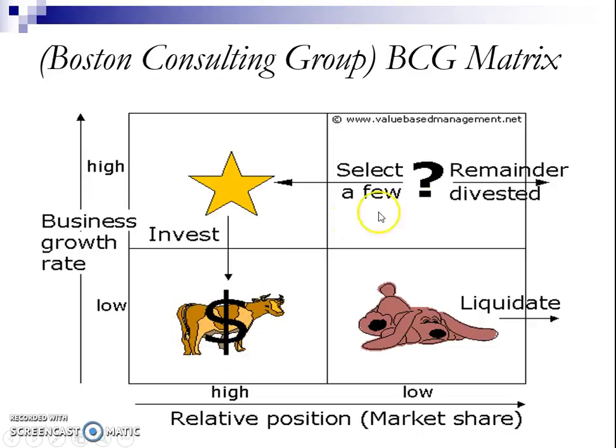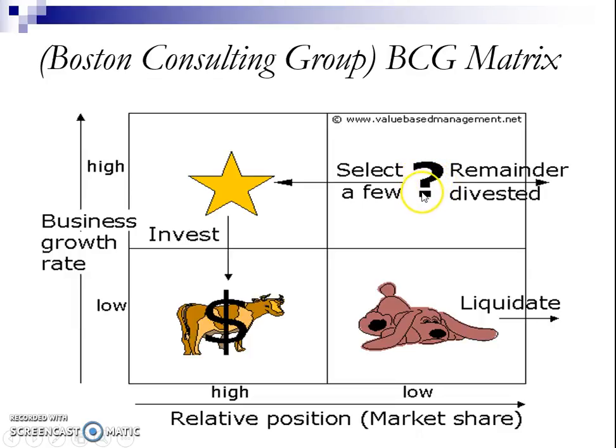Then this particular stage, which is called the question mark, is also known as the problem child, because business growth rate is high, or the potential in that industry is high, but the company, because of a low market share, is not sure whether to invest in that particular product or divest.